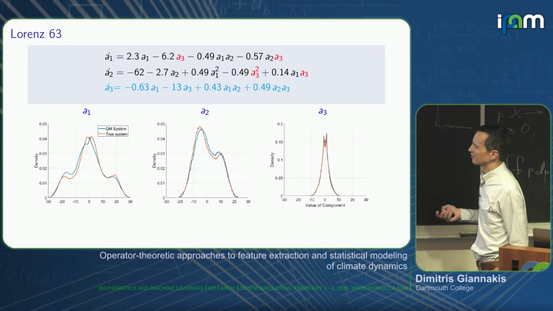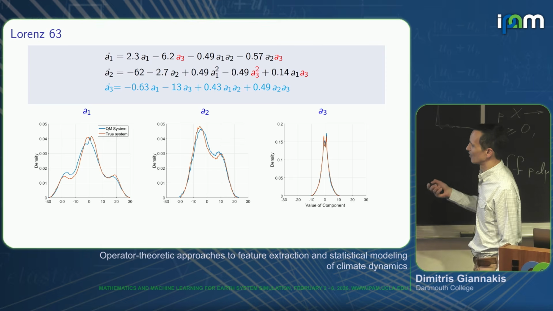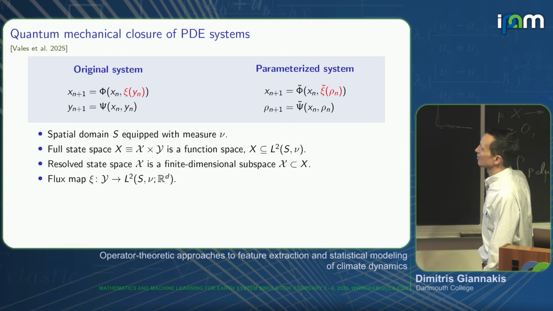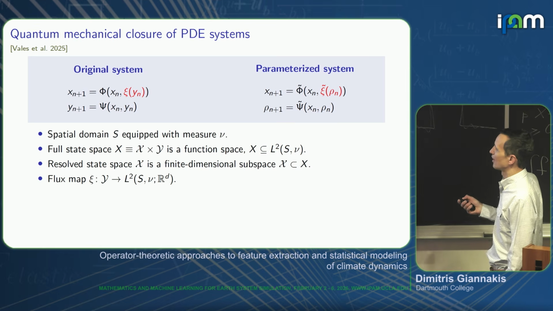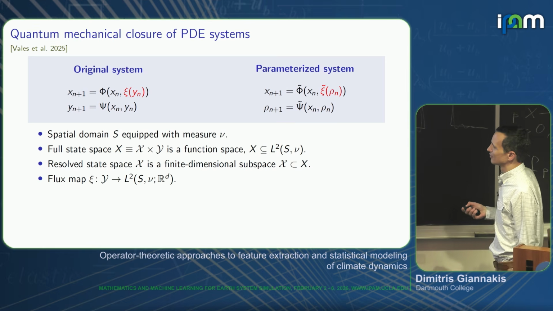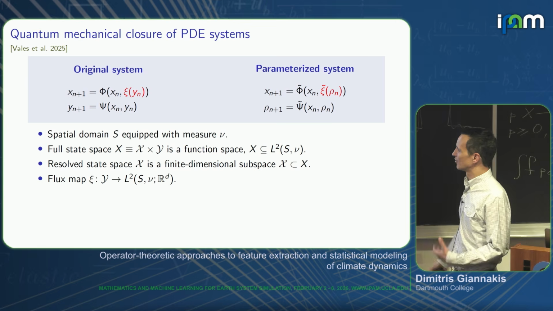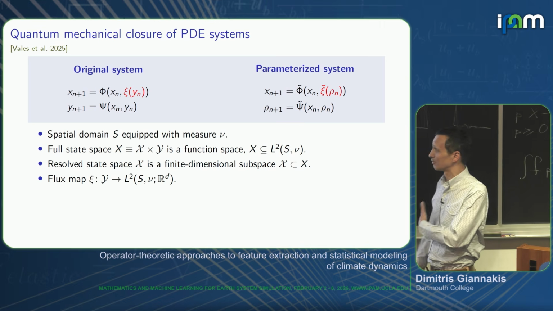I will end, I guess, and I'm happy again to talk about this in more detail offline, with some examples. This is more recent work where we are trying to apply this methodology to closure of PDE systems, where now the difference is that the state space of the system is in itself a function space.